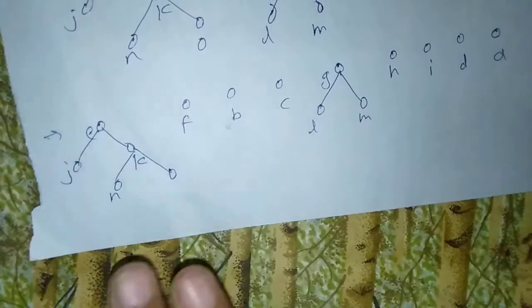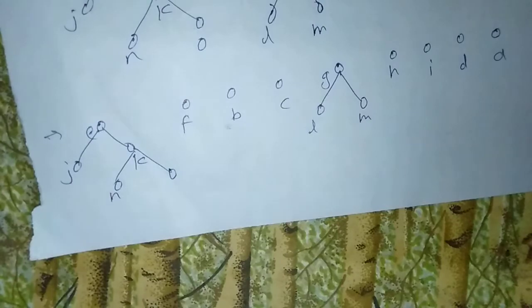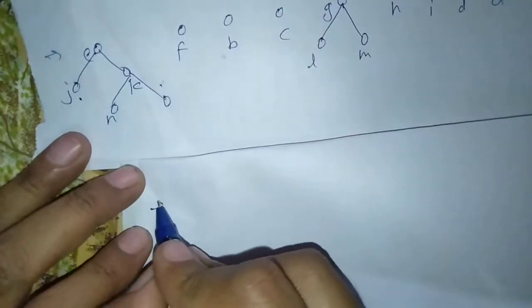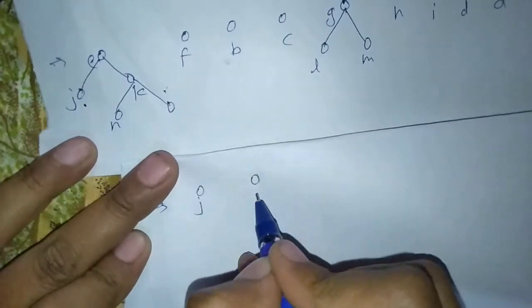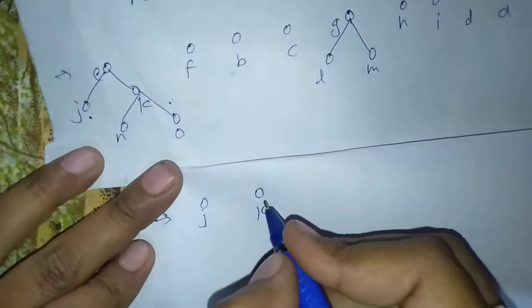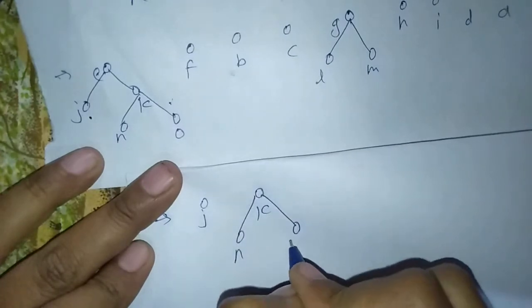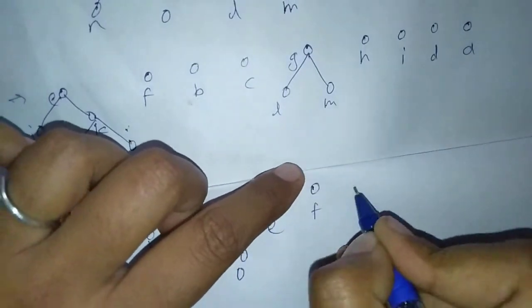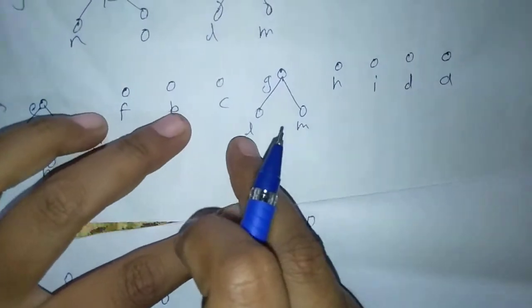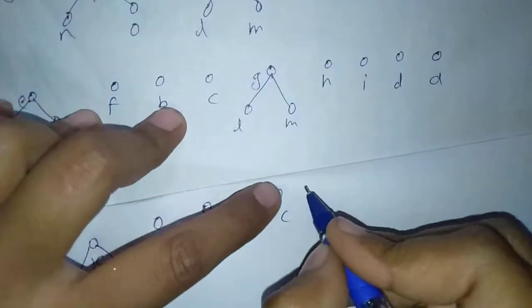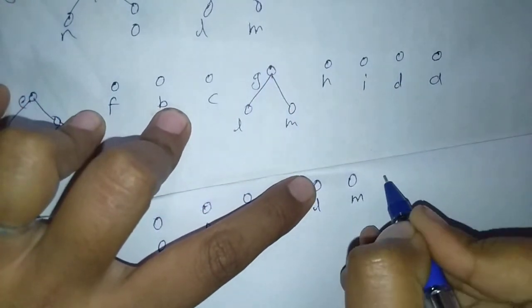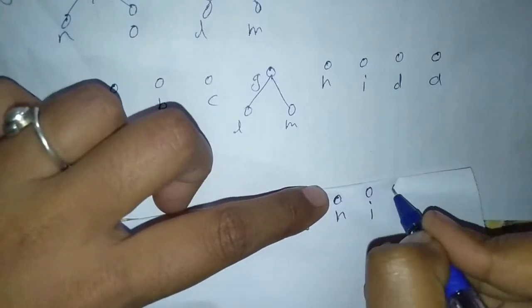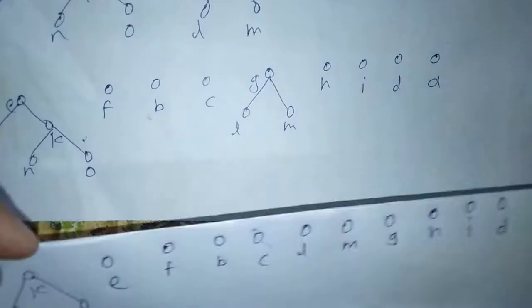Now next, first take subtrees J, K, N, O. Last take root F, B as it is. Now take L, M and last take root G, and remaining as it is H, I, D, A. Okay.